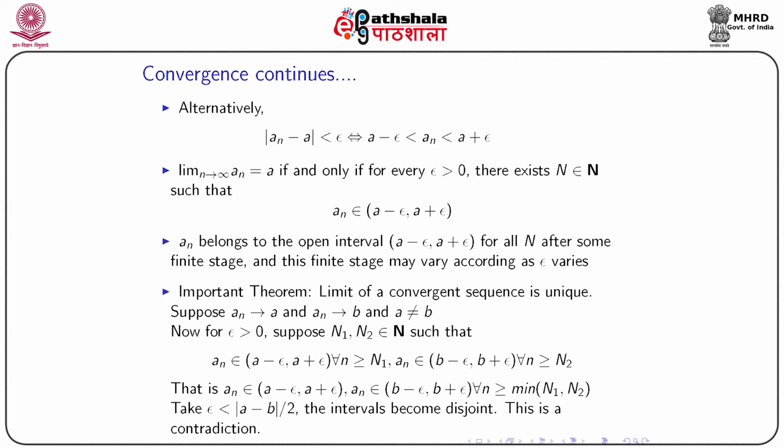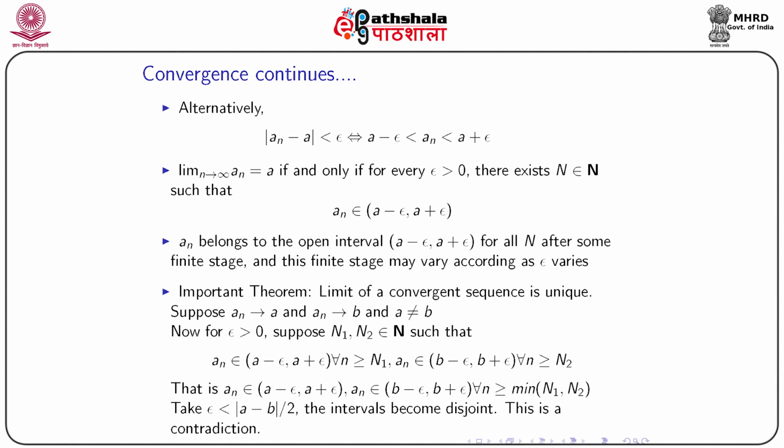So we will assume an converges to a and an also converges to b, with the restriction that a is not equal to b. Now for every epsilon greater than 0, suppose we define two different numbers n1 and n2 belonging to the set of integers. n1 is for when I am considering an converging to a, and n2 is for when I am assuming that an converges to b.